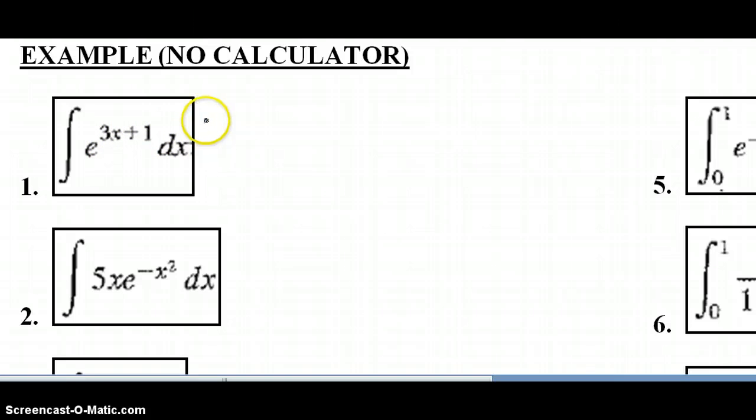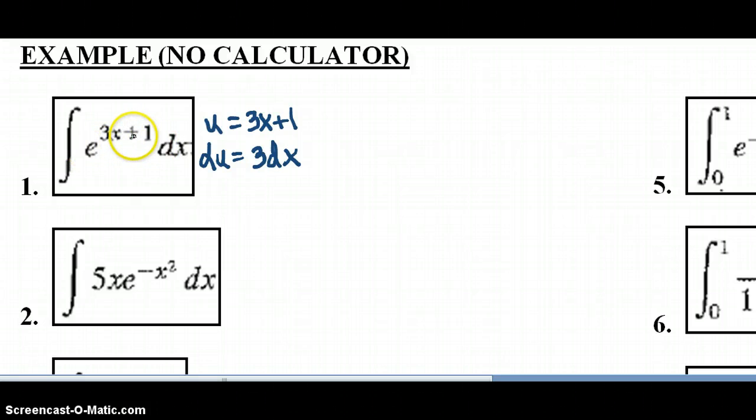So in this case, u is 3x plus 1, which makes du 3 dx. So we've got our e raised to the u power, but we don't want 3 dx, we just want dx. So we come over here and divide by 3.